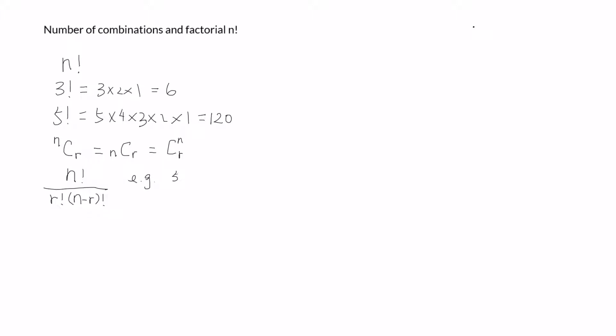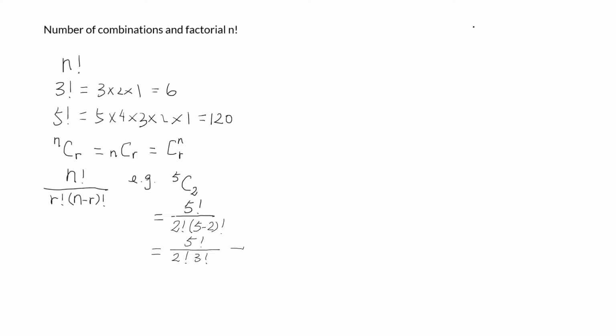For example, if you have 5C2, it is 5 factorial divided by... oh no, sorry, let me do it a bit slower. 5 factorial, r is 2, therefore 2 factorial, and then (5 minus 2) factorial, which is 5 factorial over 2 factorial times 3 factorial.